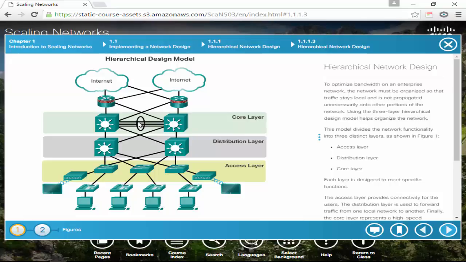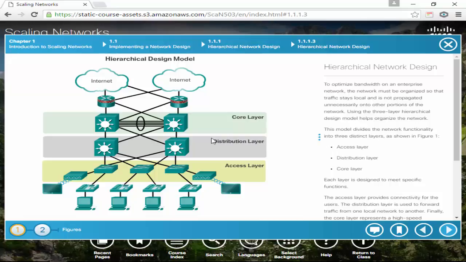They work almost as one device, which is nice if we have to update anything, and for redundancy. The core is connecting to these router-looking things with the brick wall. That's going to be our firewall, maybe a router working as a firewall, and it's going to keep us safe from the internet.